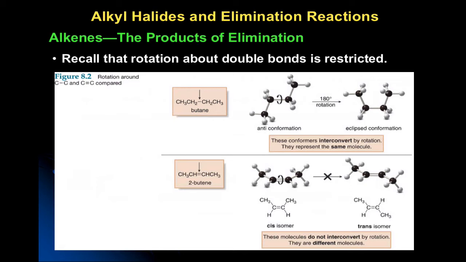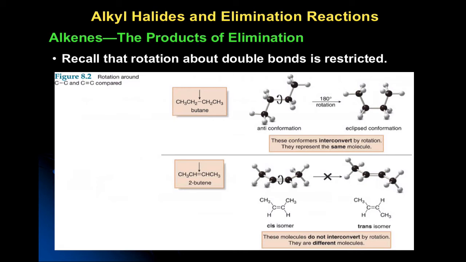If we looked at the Newman projection, we know that having those big groups as far apart as possible was more stable, and the closer that they got to one another, the less stable. The same thing's going on here. This is kind of like the eclipsed conformation in an alkane minus two hydrogens, and so those methyl groups are really close to one another, and they're not particularly happy that way.